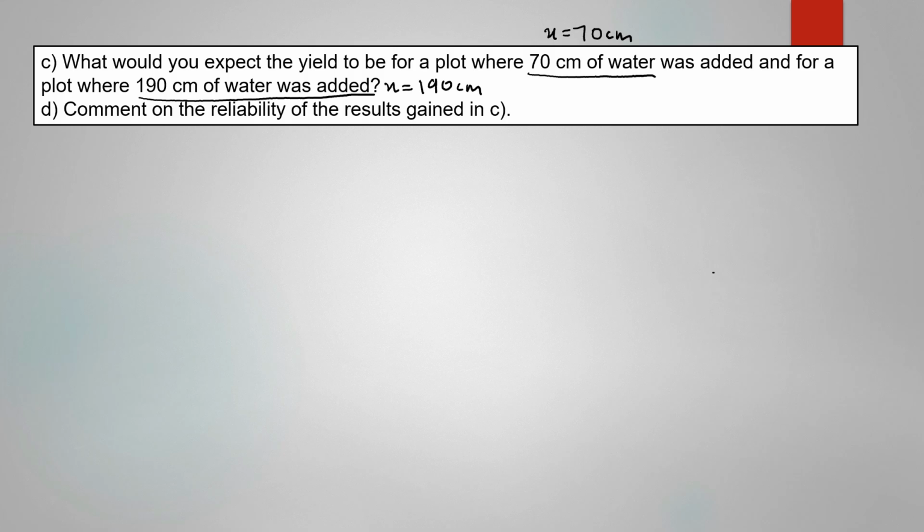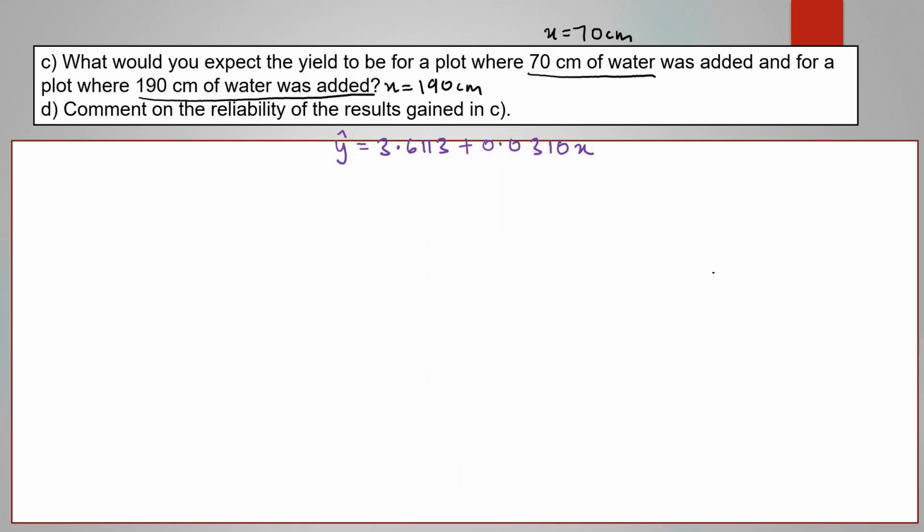Let's recall our linear regression line, which is y hat equals 3.6113 plus 0.0310x.